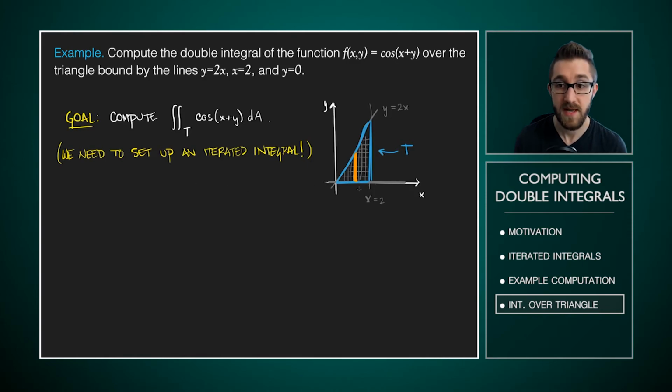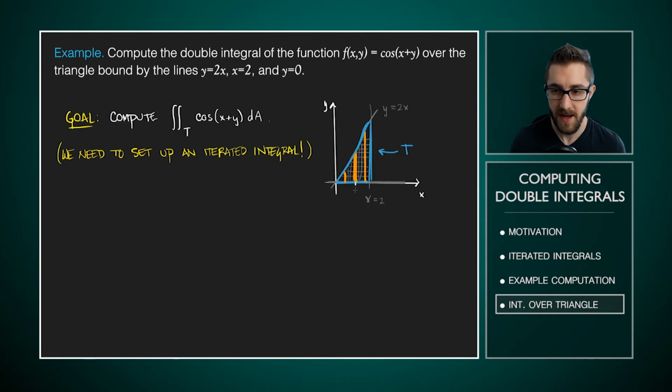is that we're going to integrate with respect to y first because we're adding up vertically. And now the complexity is that since this isn't a rectangle, all of these columns have different heights, right? They all extend from y equals 0 up. They all start at the x-axis, but their upper bounds depend on x.